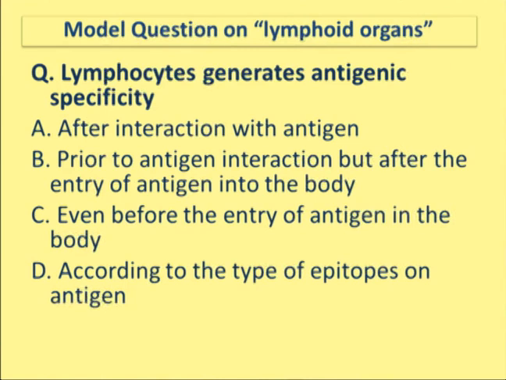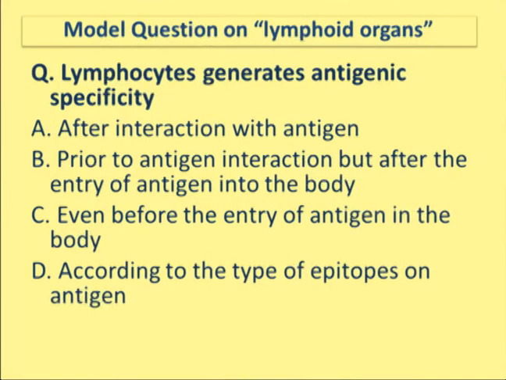Interestingly, we produce lymphocytes which are highly antigen specific even before the entry of antigen in the body. So here option C is right, and the important fact which we should remember is that our immune system is so well developed that we develop lymphocytes having antigenic specificity, meaning they are particular for a particular antigenic epitope even before the entry of the antigen.